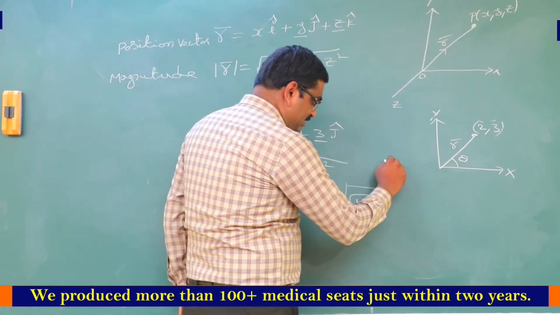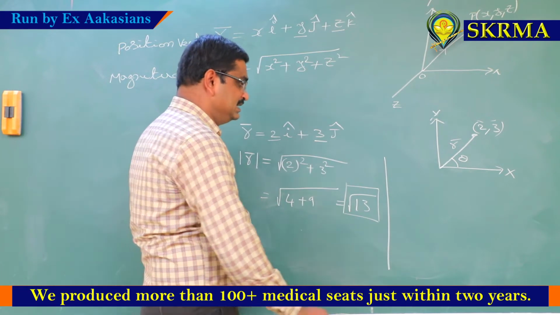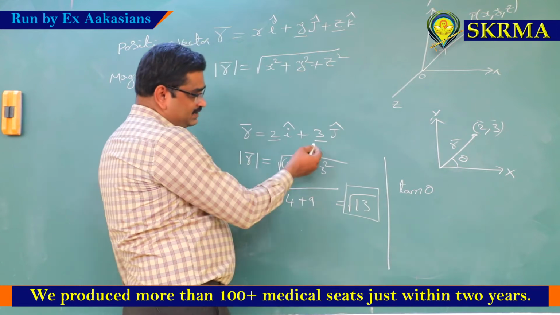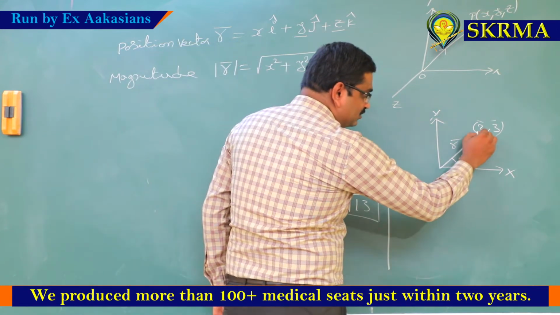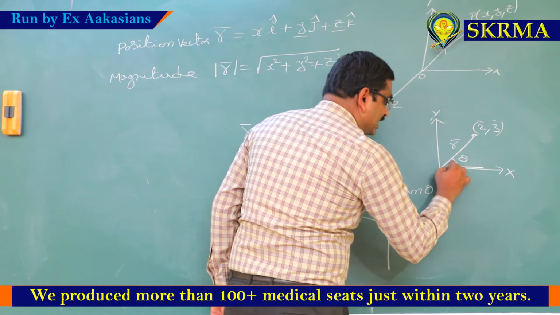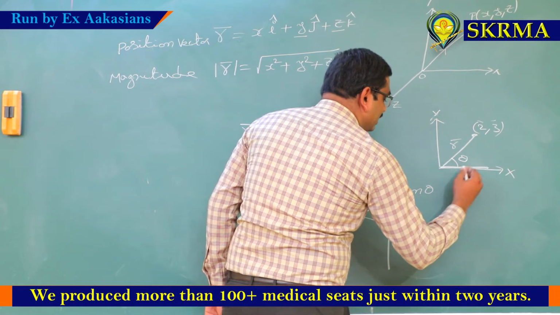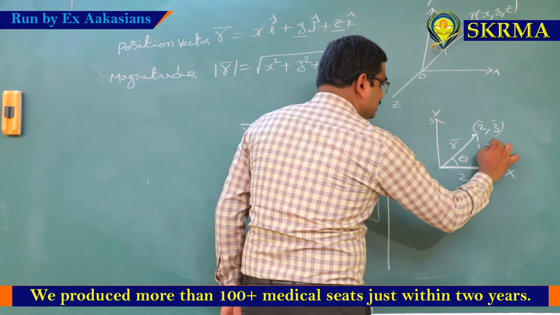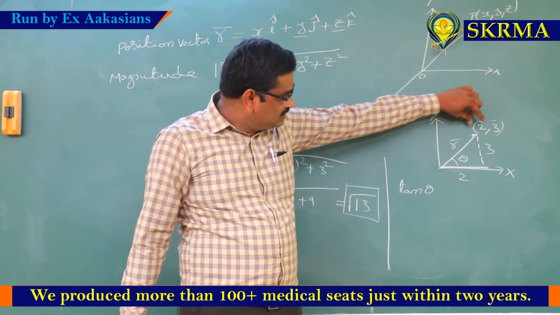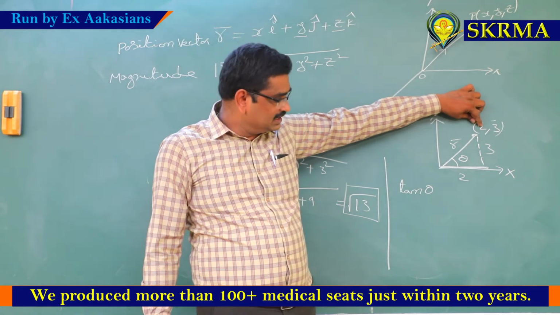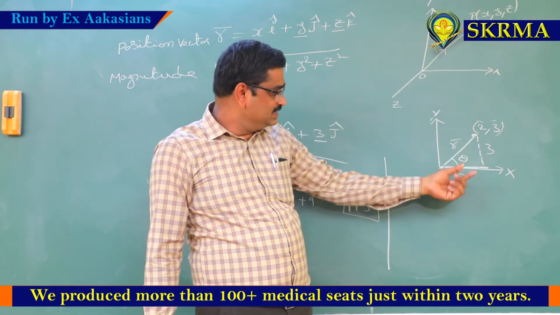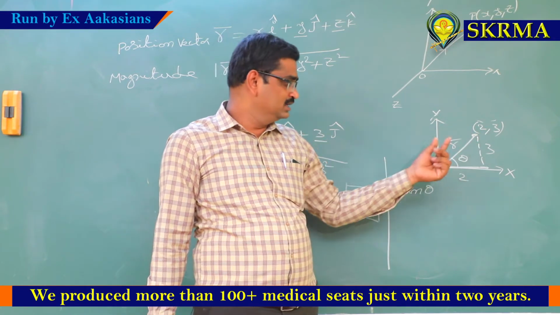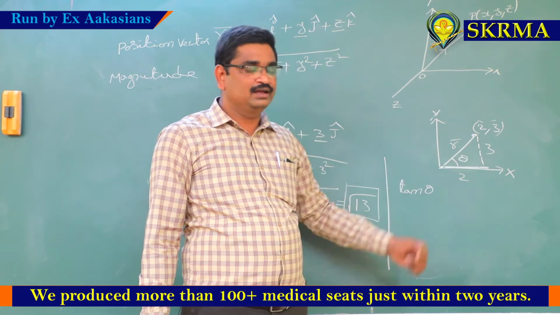From this diagram, the x coordinate is 2 and the y coordinate is 3. 2 is the x component of that vector, so the length along the x axis is 2. The length along the y axis is 3. This is the basic coordinate representation.